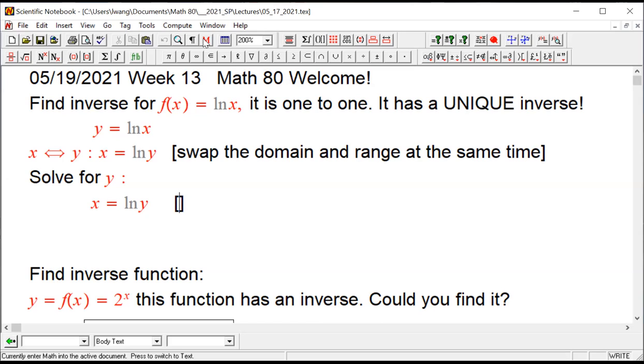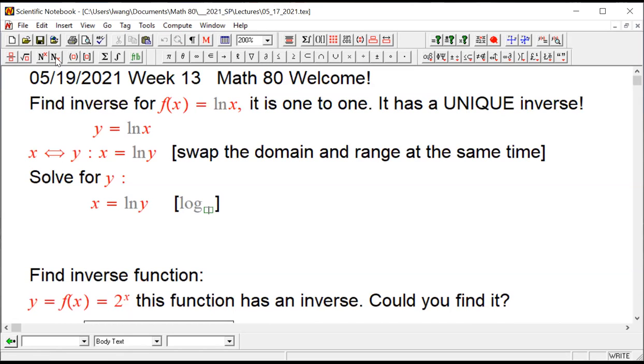The definition says log base b of omega is equal to triangle if and only if b raised to the power of triangle is equal to omega, where 0 is less than b and b cannot be equal to 1. So that's the basic definition we learn in logarithm.